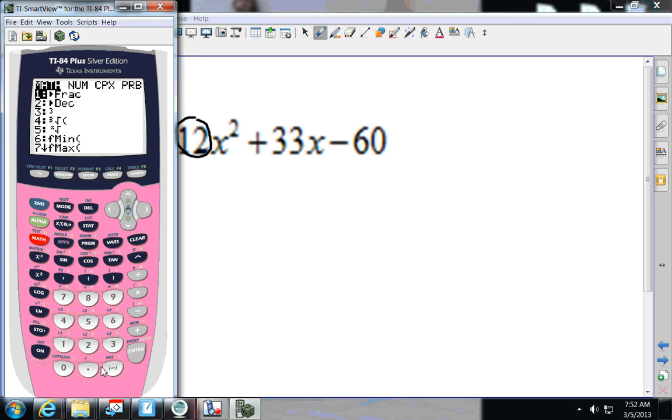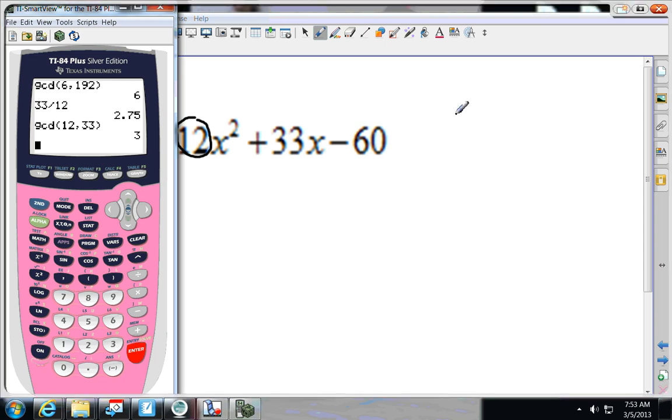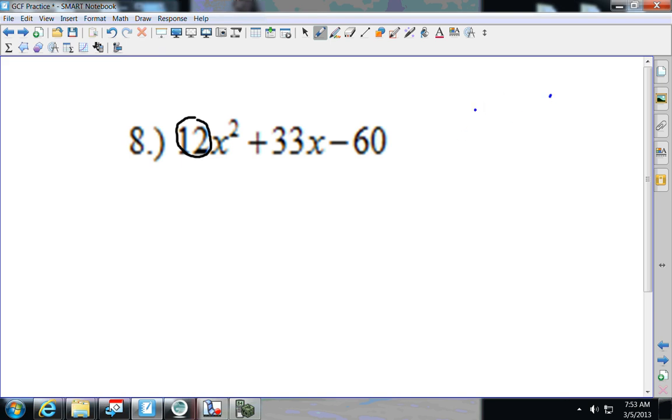Math, arrow over to number 9, 12, comma, 33. Enter. It's 3. What does 3 go into 60? Yes, 60 divided by 3 is 20. So right now I know that my GCF is 3.